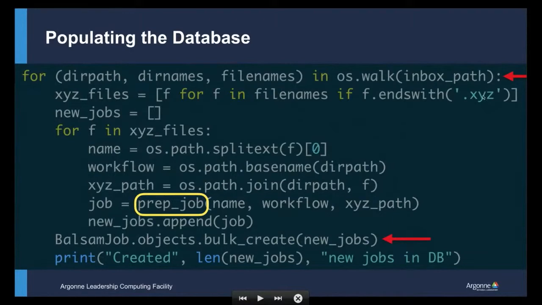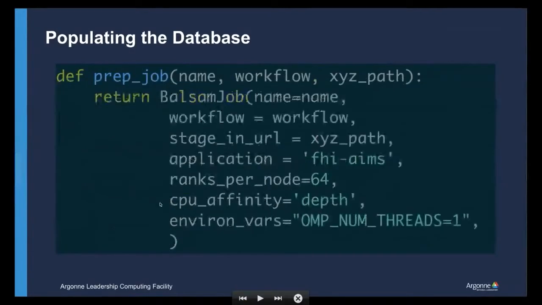And then if any files do match the criteria you're looking for, then you can slice up the paths and get the name that you want. This block here in the inner loop is really up to you. It's how you want to organize your workflow, but ultimately all you do is create one Balsam job instance here.